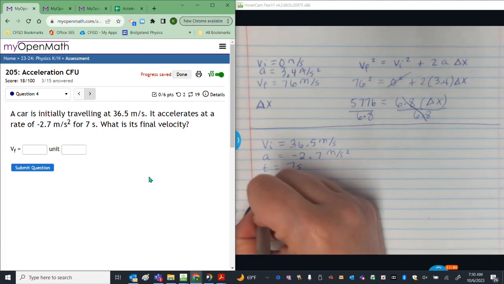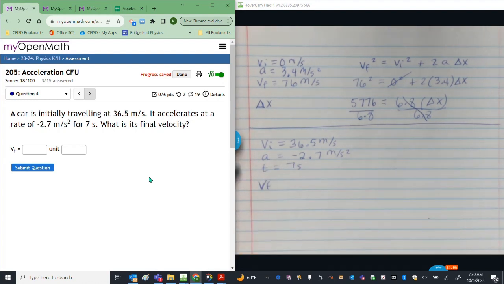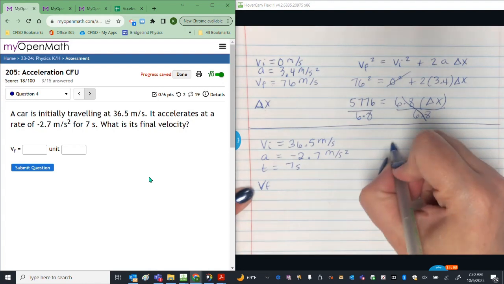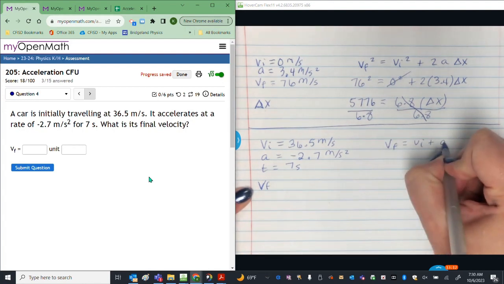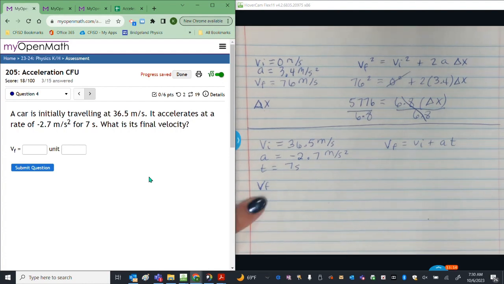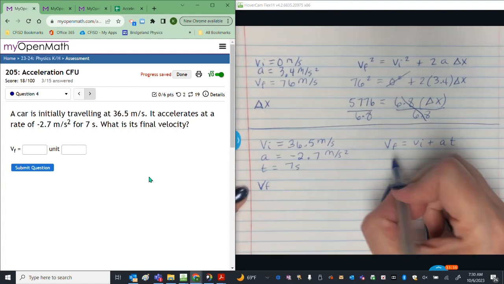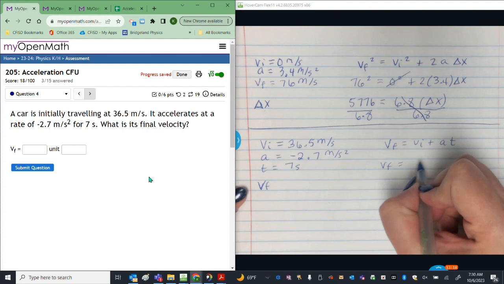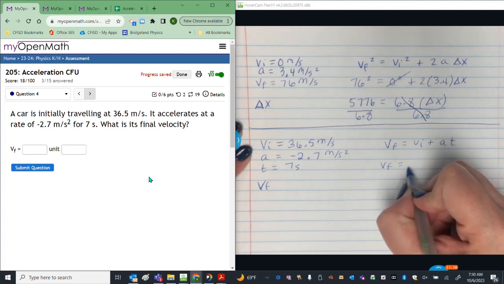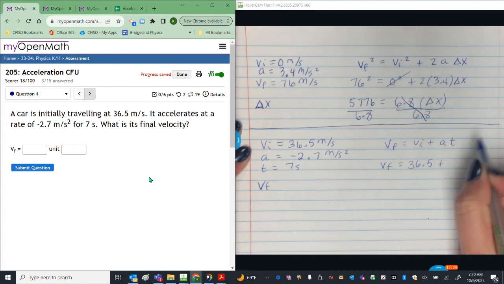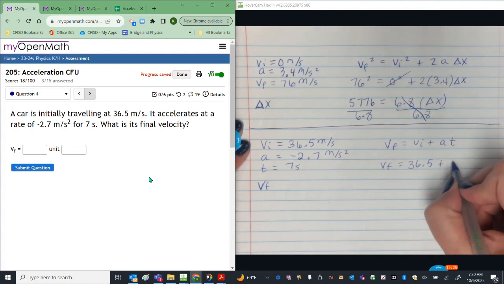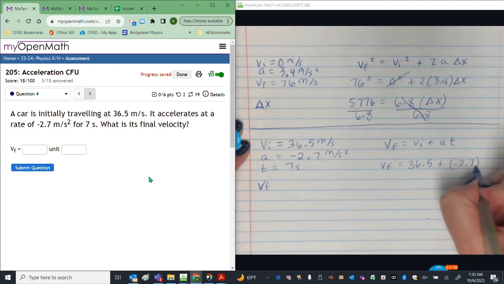And so again, if I take a look at what I've labeled here, I'm going to be using the first equation on my board, VF equals VI plus A times T, because that's where all these variables are, right there. And so if I do that, I don't have to do any rearranging. I'm just going to get to add everything together, which is probably why nobody missed this. You don't have to do a whole lot. 36.5 plus negative 2.7 times 7.